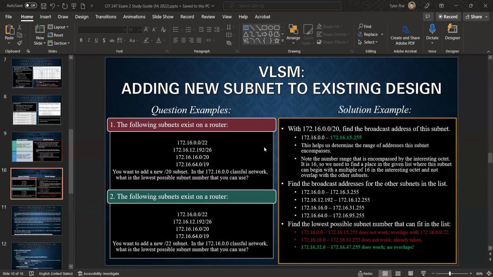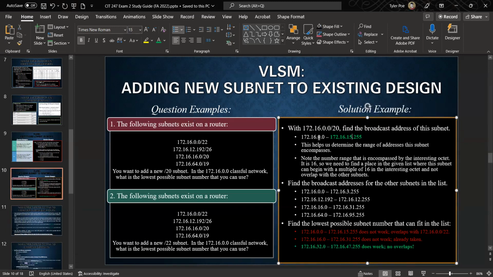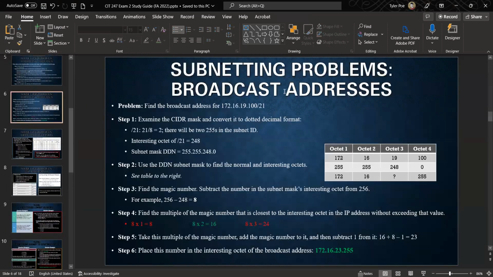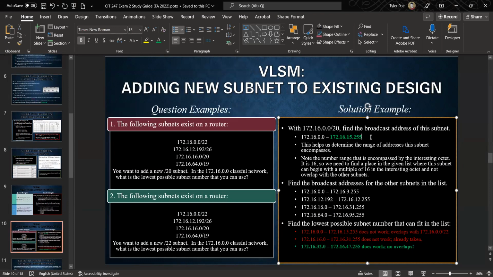So, how we begin this is taking the classful address space we're given. We take the subnet mask, and then we find the broadcast of this subnet. So we're starting from .0.0. Take the subnet mask, find the magic number, go through this process right here, and then we find the broadcast address.